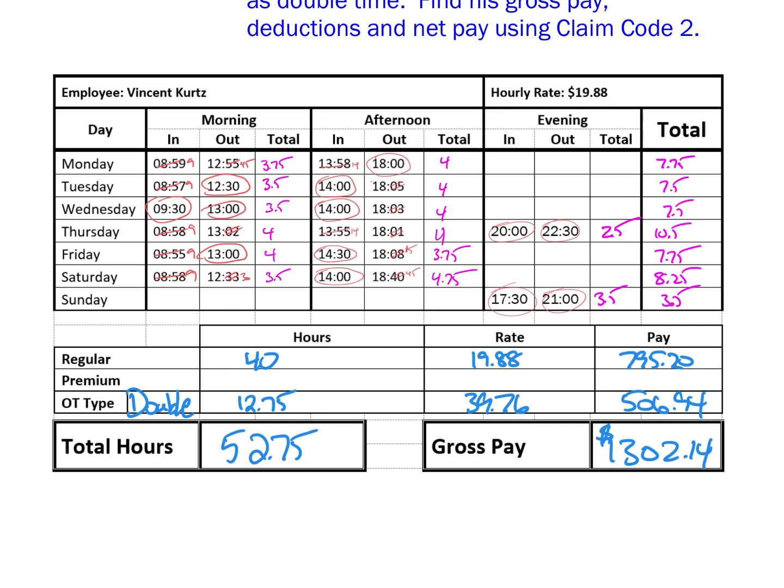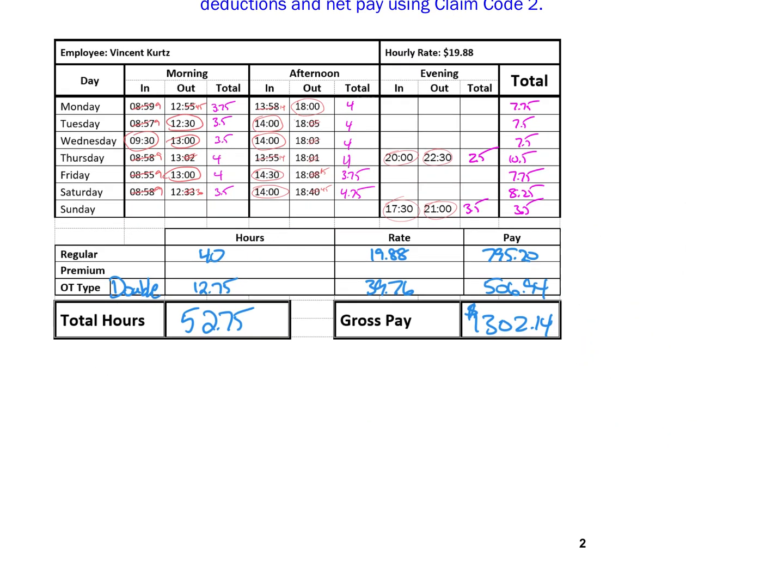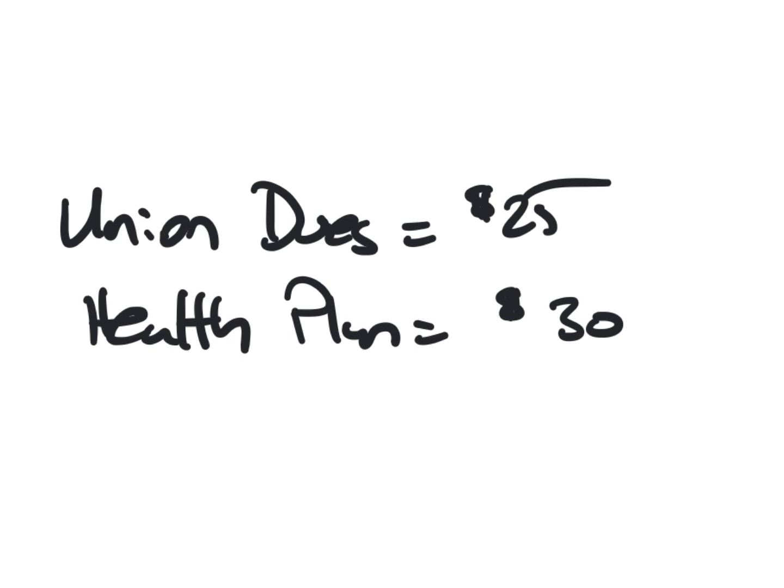We'll use that gross pay to help us figure out the CPP and EI. So, what do we know? We know that we're going to figure out what the CPP is. We want to figure out what the EI is. The taxable income, we can deal with that right now because it's his gross pay, which is $1,302.14 minus his deductions.